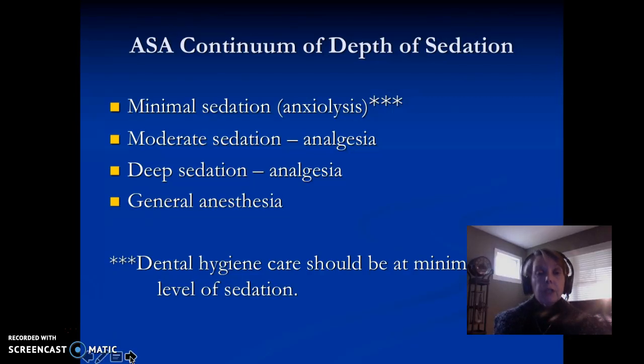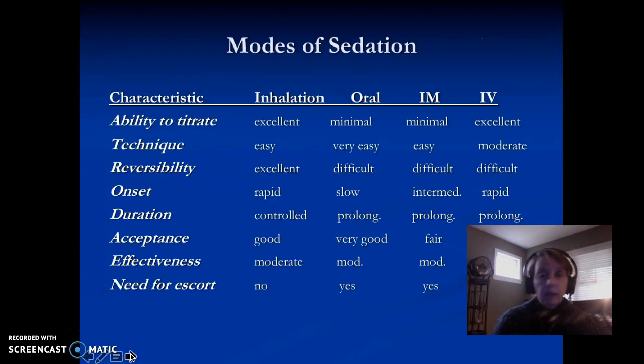Moderate sedation above 50%. Deep sedation, again, recall patients in deep sedation have trouble maintaining an open airway and may need assistance with that. And then, of course, general anesthesia when surgical procedures are being performed. Again, great chart for you to check out.